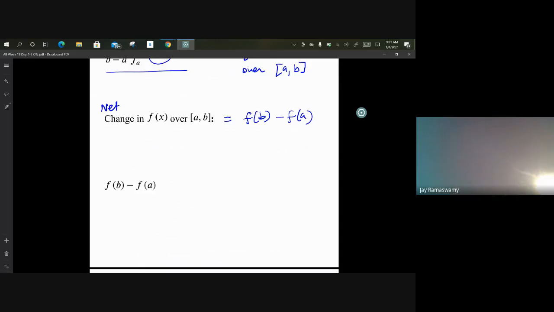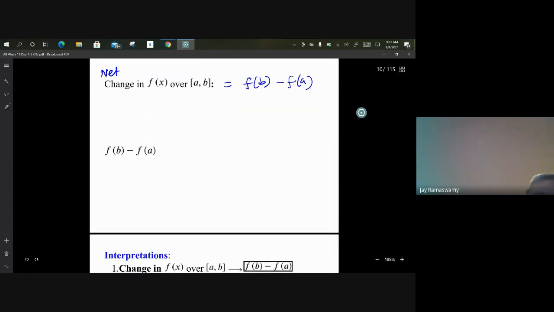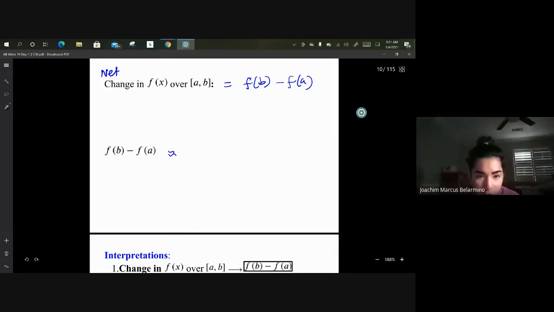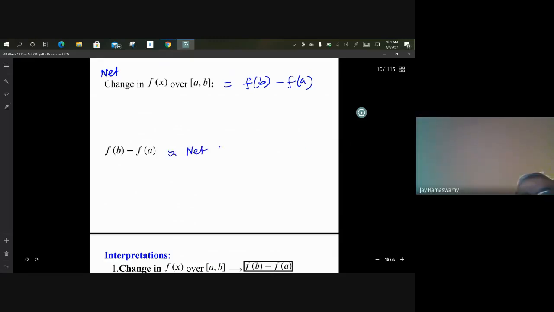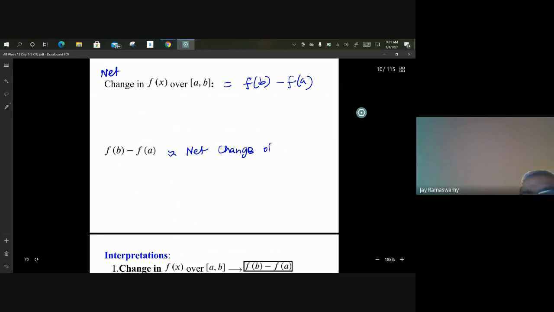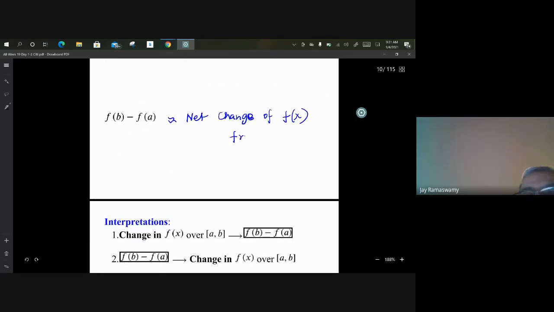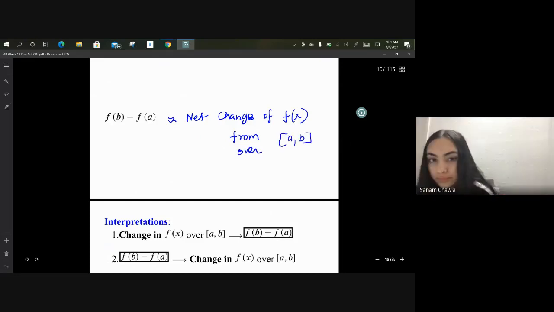So that, copied on the last one, if you're given f of b minus f of a, that's nothing but the net change in f of x over a to b.